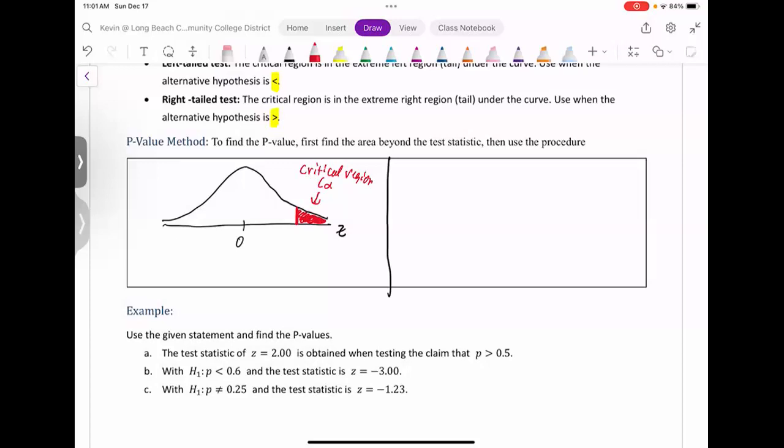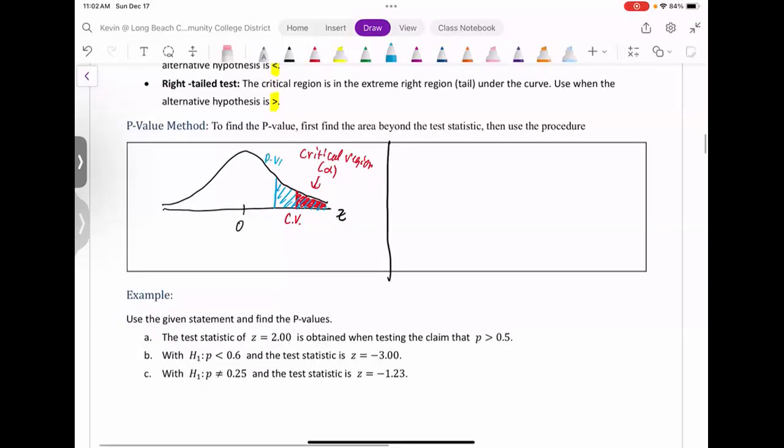And it is determined by our alpha. And the critical value is the Z value on the Z axis that is telling us this. This is versus this area here all the way to infinity. This area is the p-value. And this is our test statistic.